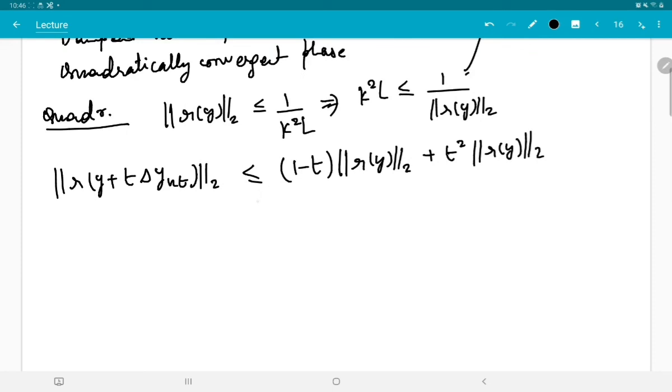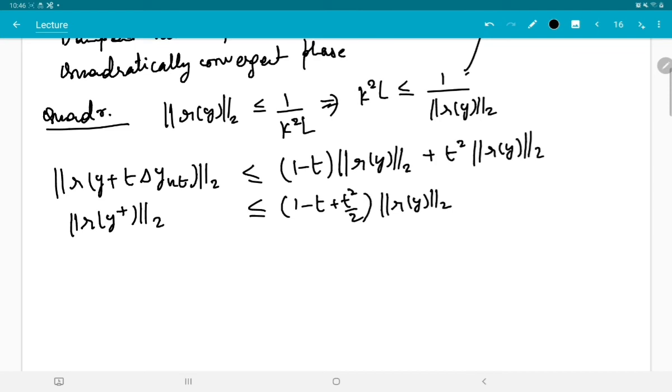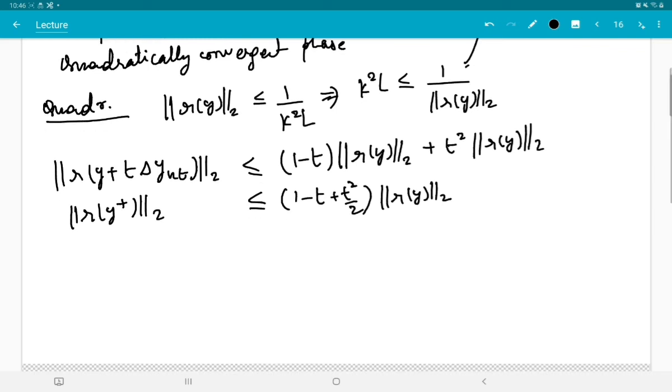So this is just 1 minus t plus t square by 2 times norm of ry. Here y plus is the new step or the new location.